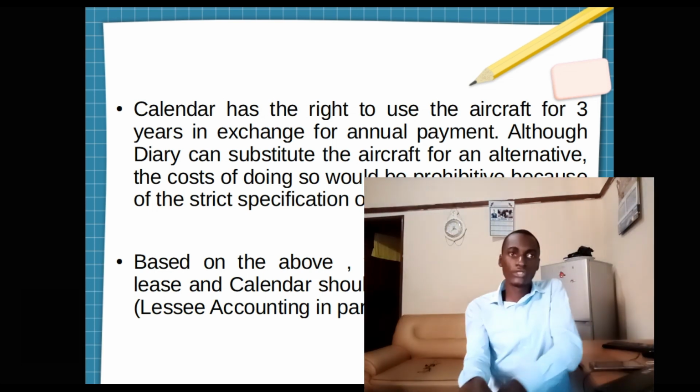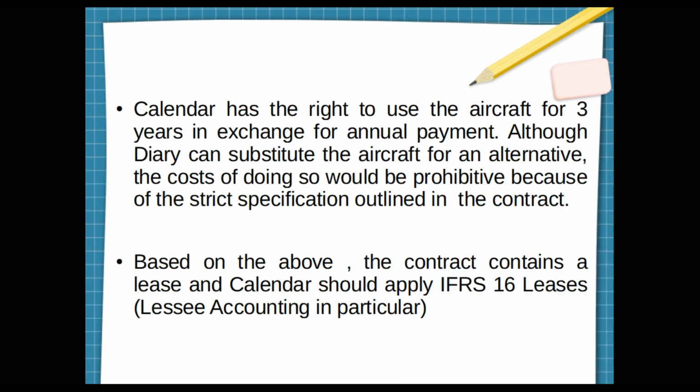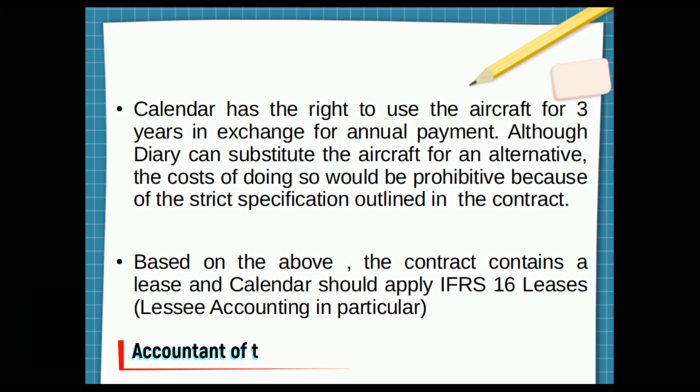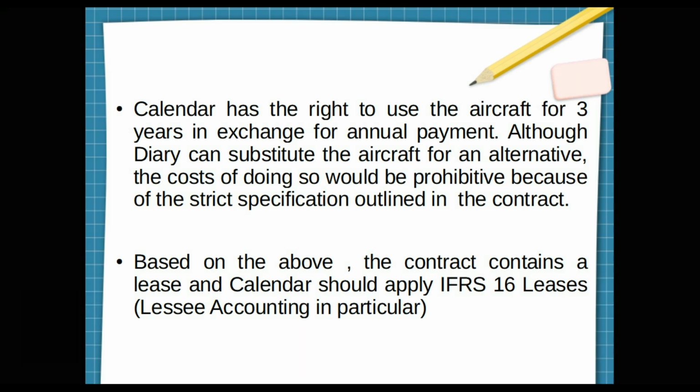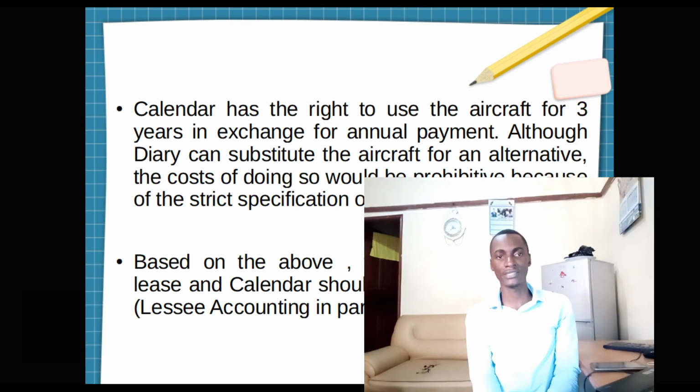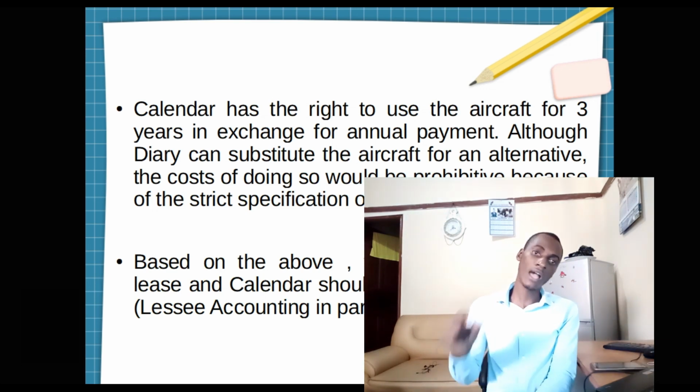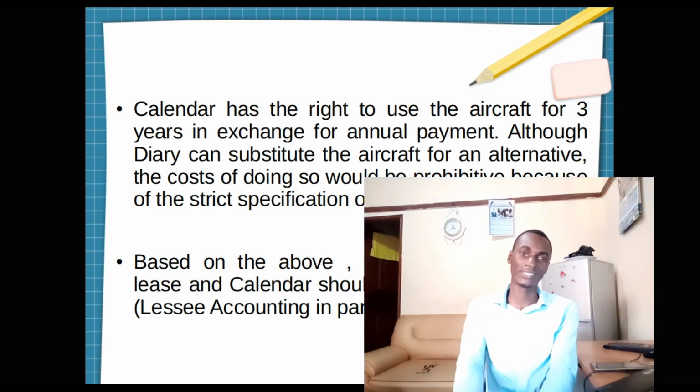Though they can substitute the aircraft for an alternative, the cost of doing so would be prohibitive because of the strict specifications outlined in the contract. Based on the above analysis, the arrangement contains a lease, and Calendar should apply IFRS 16 Leases. In particular, they have to apply lease accounting.